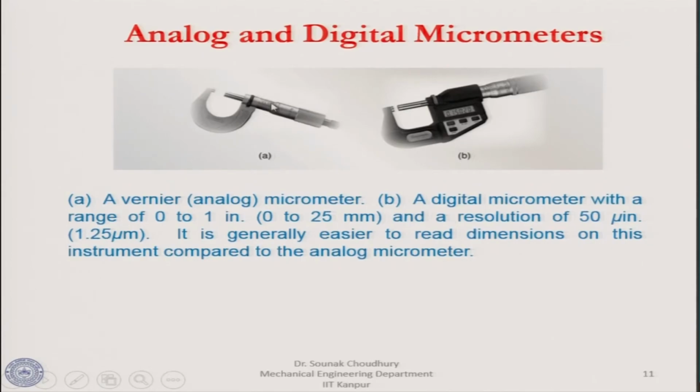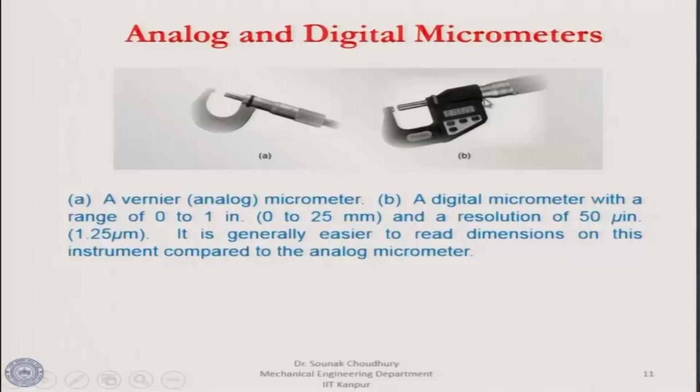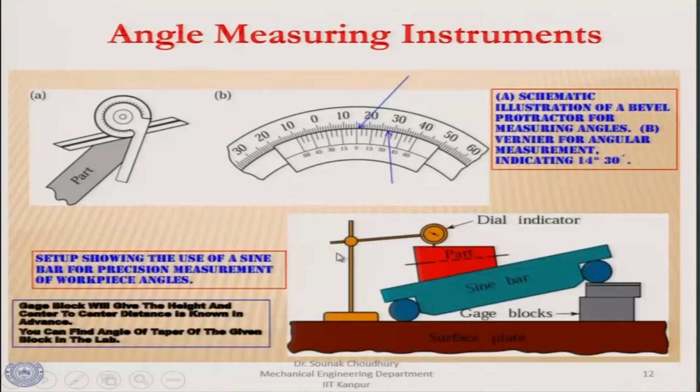So, you do not have to read. Sometimes the vernier scale is very fine, so finding which graduation is matching with the main scale is difficult. This can give rise to certain errors. That will not happen with a digital micrometer. Of course, digital micrometers will be more expensive, but here it is easy to find out the dimension because it will be displayed.